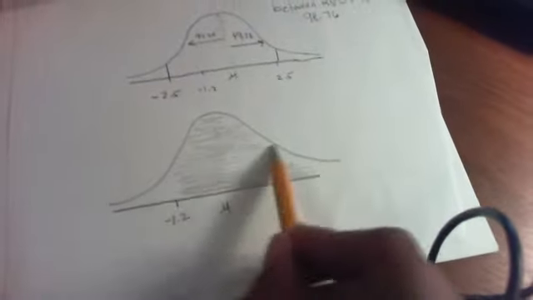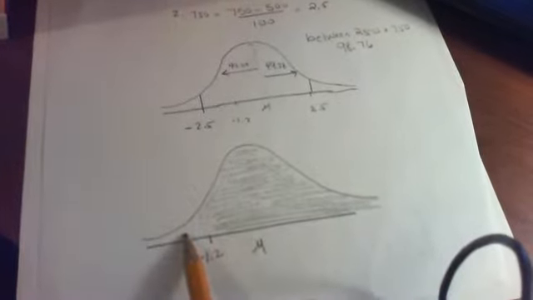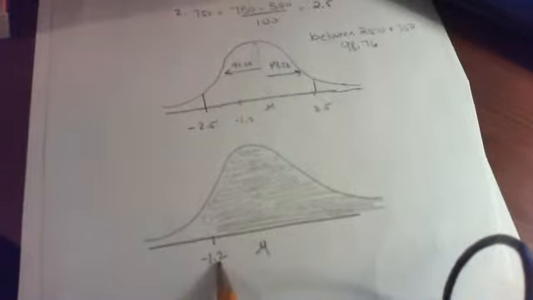So I'm trying to find out everything shaded to the right of this point, which would be all of this area. All right, if I know this entire thing is 100%, and I know the tables will actually tell me, based on this z-score, what's in this little tail here, I can calculate it that way.